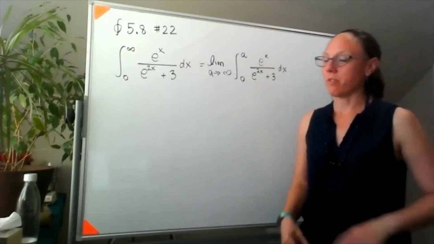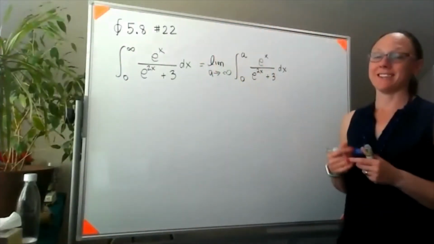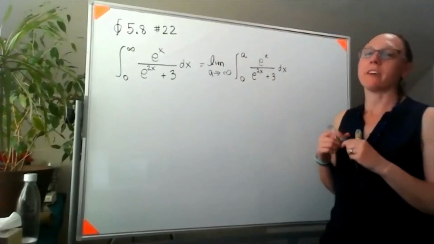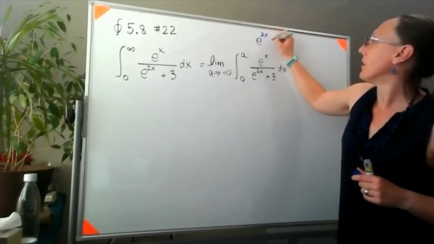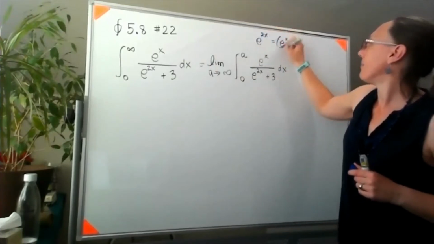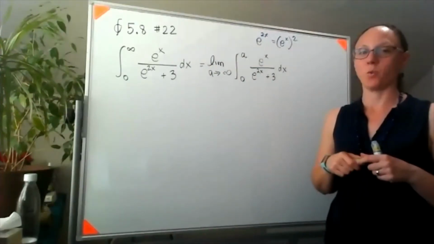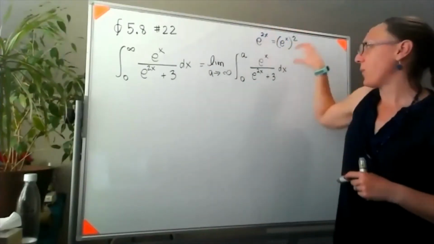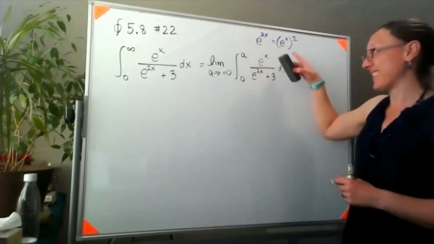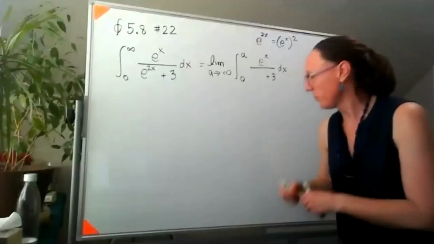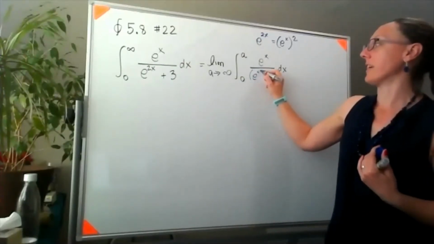And one of the things that comes up a lot in these kinds of problems is this trick where we really want to think about that e to the 2x term as being e to the x with the whole thing squared. If we kind of change our mind frame to think about that e to the 2x in this other way, I think then it's easier to see the u substitution in here.